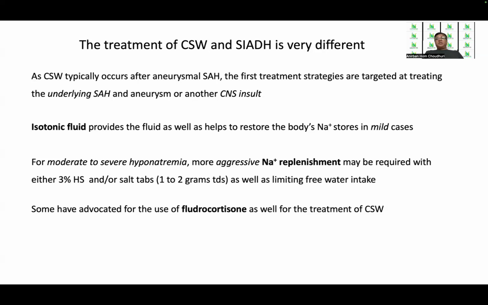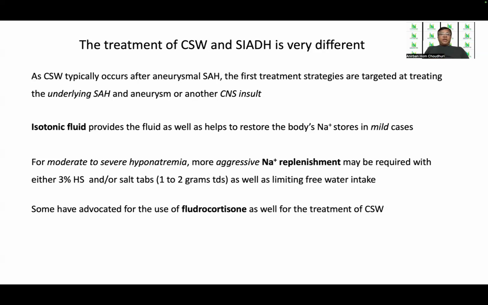But when the cerebral salt wasting is moderate to severe with moderate to severe hyponatremia, then more aggressive sodium replenishment is required with either 3% hypertonic saline or salt tablets 1 to 2 grams thrice a day, and also limiting the free water intake.